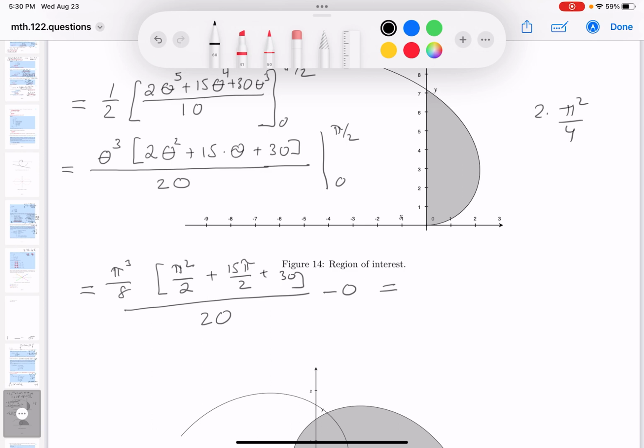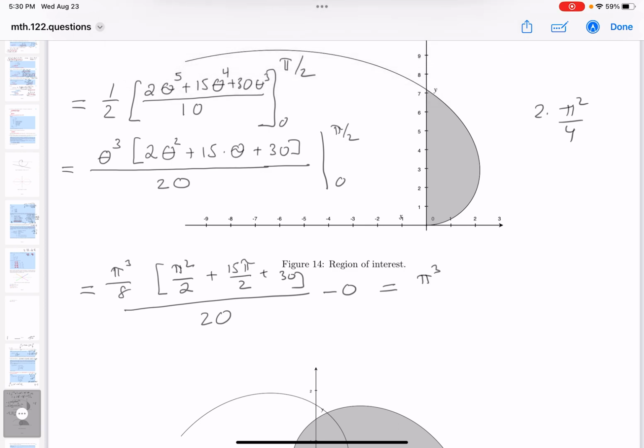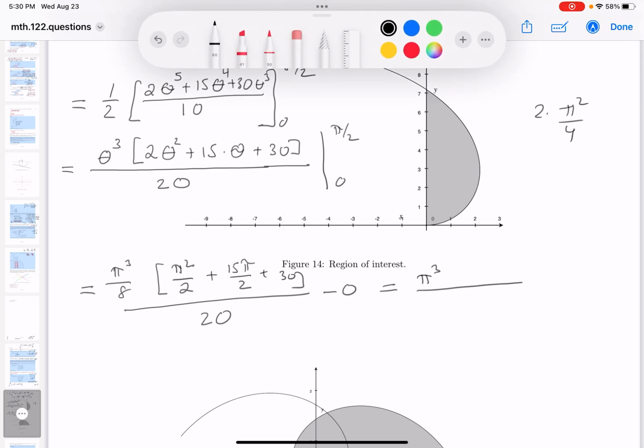Let's write this down. Pi cubed over 8 times 20 is 160. I'm going to factor out a half. And what do you get?